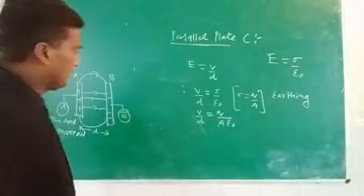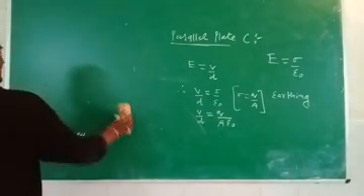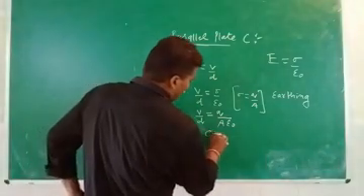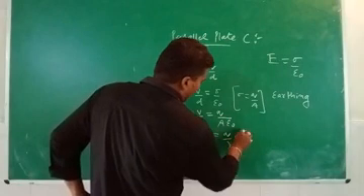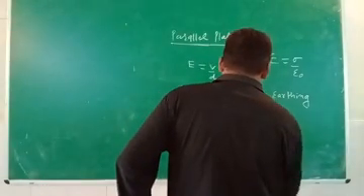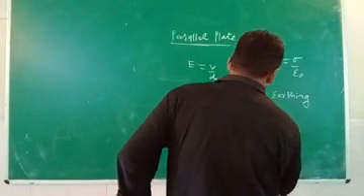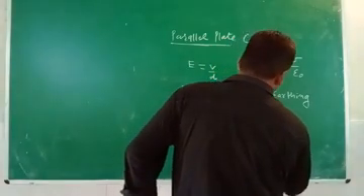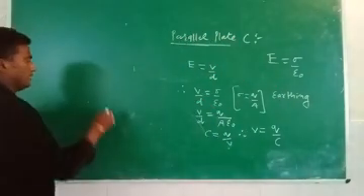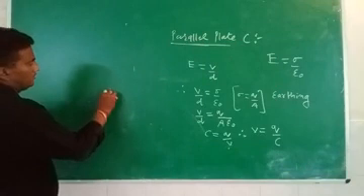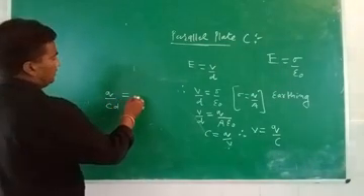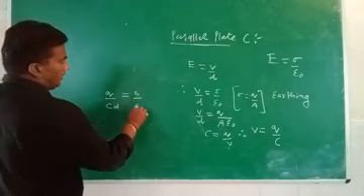We know that the relation of the capacitor C is equal to Q by V. Therefore, V is equal to Q by C, and we put the value of Q by C in the term of V by d: Q by C d is equal to Q by A epsilon naught.